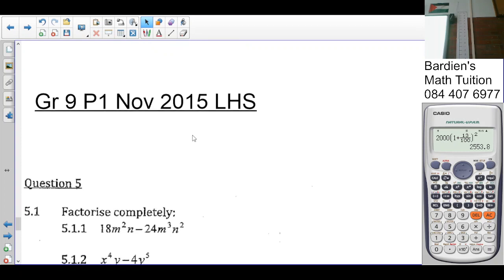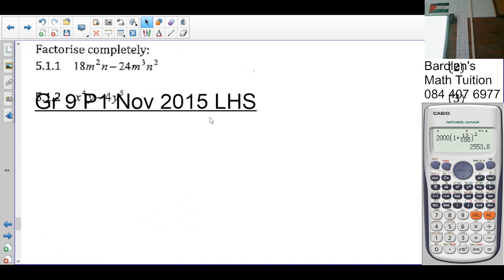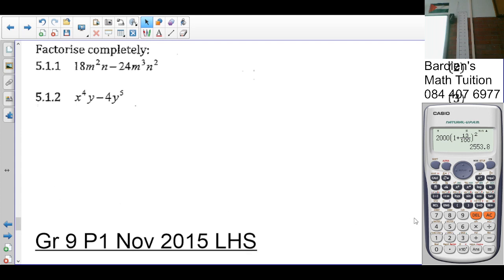Let's carry on. Factorize, our favorite. Let's see what we can do here. What is common in the first? 6m squared n. Why m squared? Because in the first term we got m squared, in the second term we got m cubed. Take the smaller one of the two. Okay?